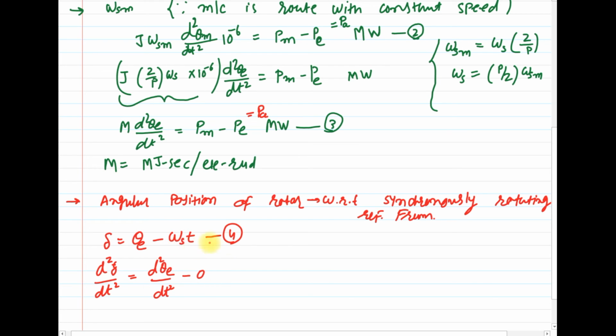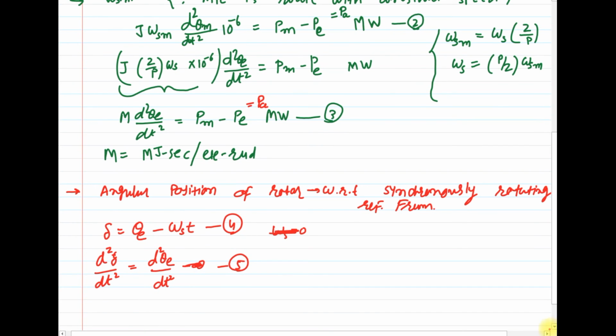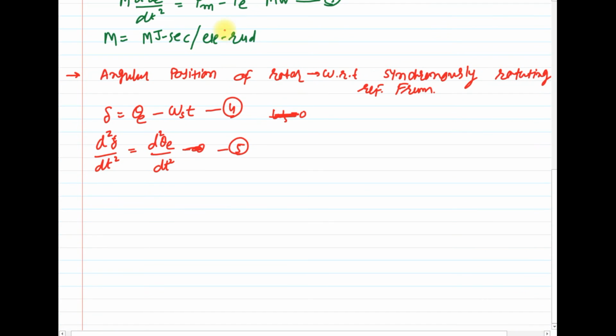After first differentiation, it will become omega s. Omega s is synchronous speed or the constant speed of machine. That's why it will become 0. Clear? As it becomes a constant, so it will become 0.